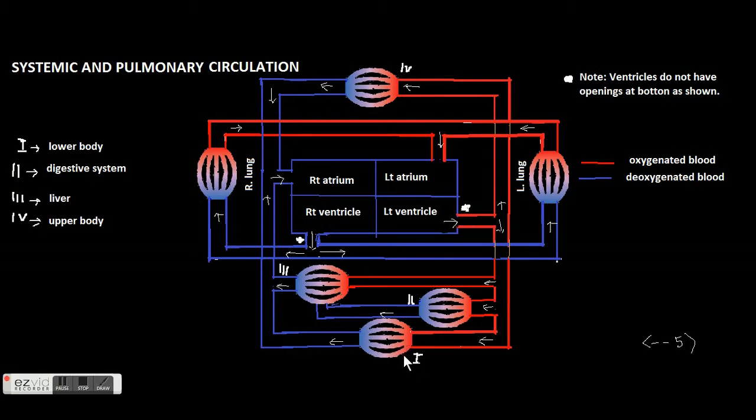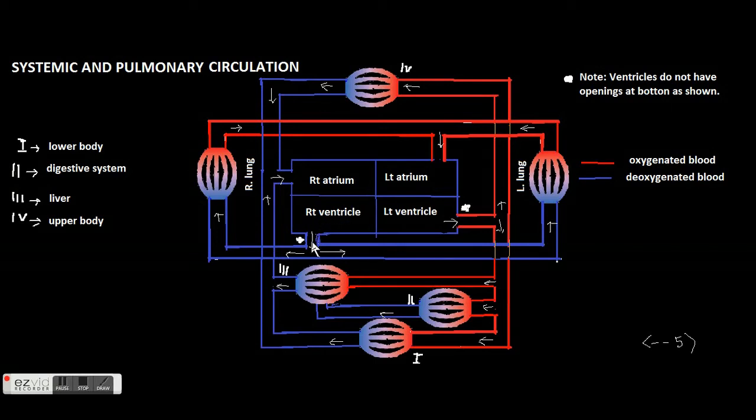Now let us see 1, 2, 3, 4, 5. Now 1 is lower body, okay, 2 is digestive system like intestine, stomach, 3 is liver, which is again part of the digestive system. That means blood through systemic circulation is coming to all these organs. Then 4 is the brain, the upper body, not only brain, hand, everything.